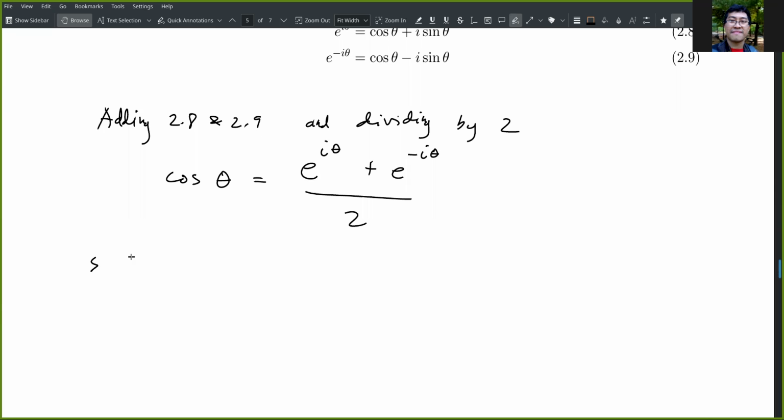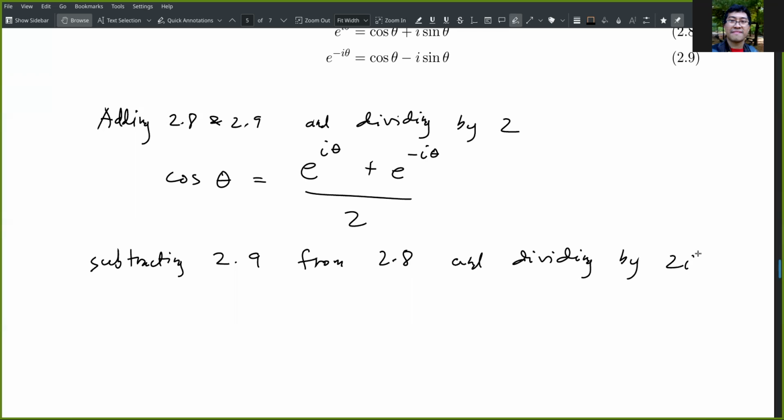We can also subtract, so subtracting 2.9 from 2.8 and say divide by 2i.